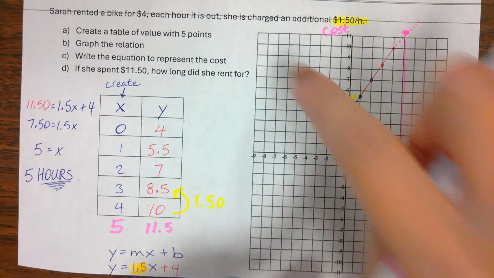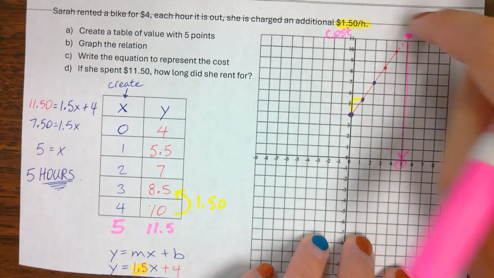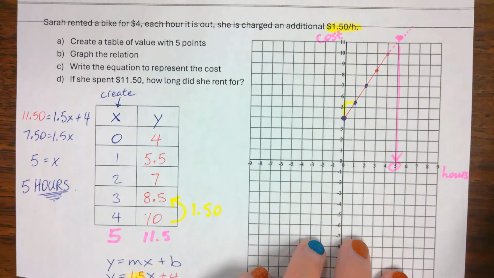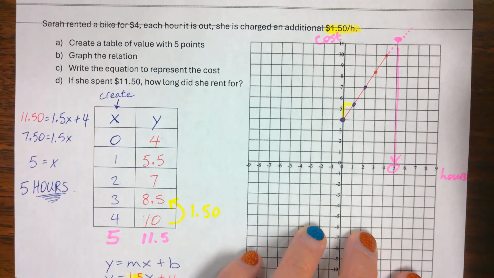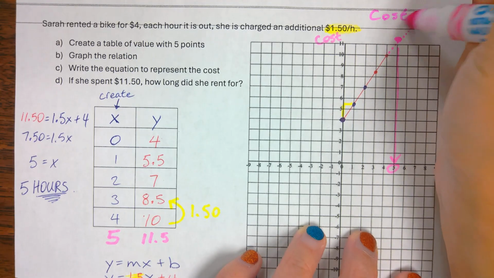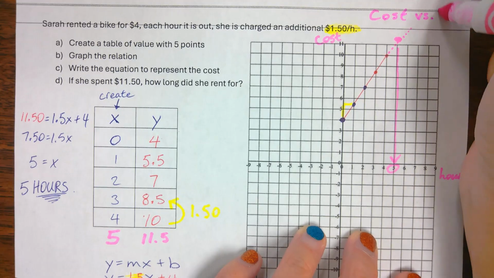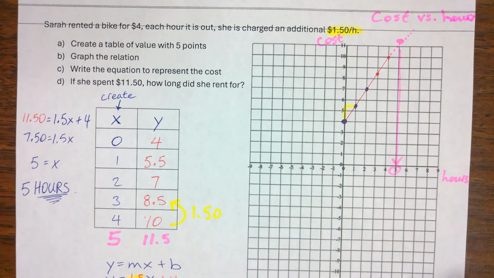If I gave you an L graph, then yes, definitely I want the titles and title of the graph. So what would a title of this be? Cost versus hours. Cost versus hours. Renting the bike. Hours versus cost doesn't matter, right? It matters because cost is your dependent.